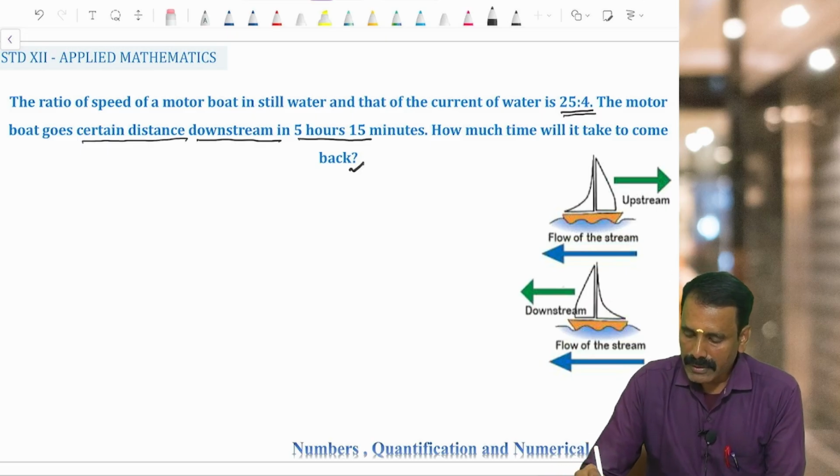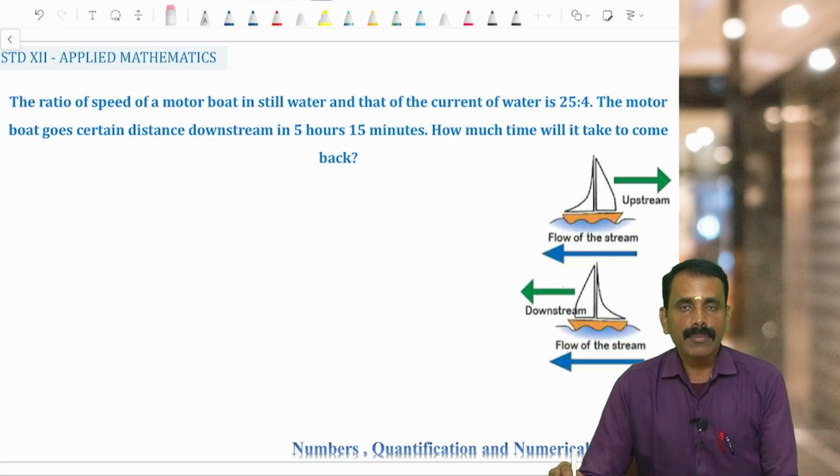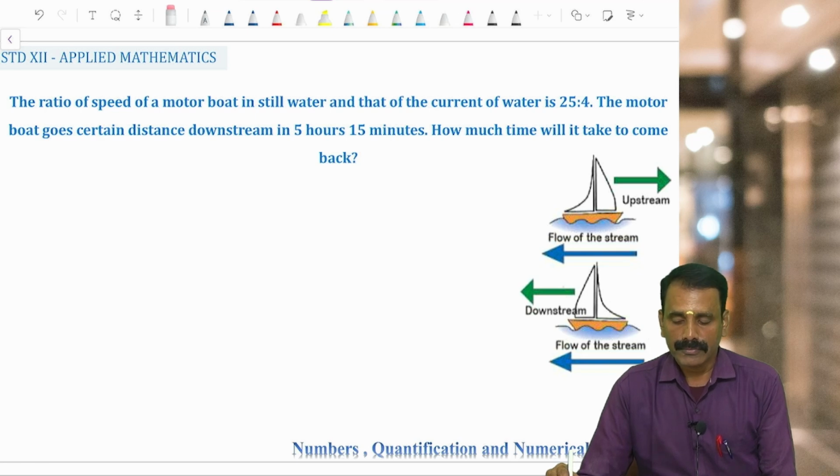So flow of water, flow of the stream, will be taken as y. Speed of the boat. Here we are having an interesting problem. The ratio of speed of a motor boat in still water and that of current of water is 25:4.